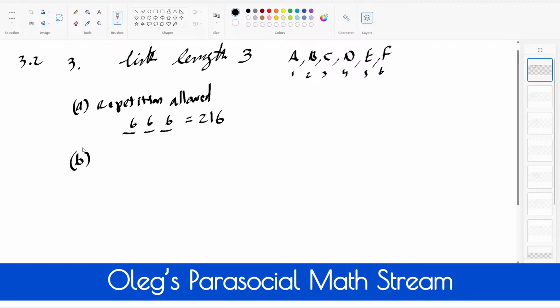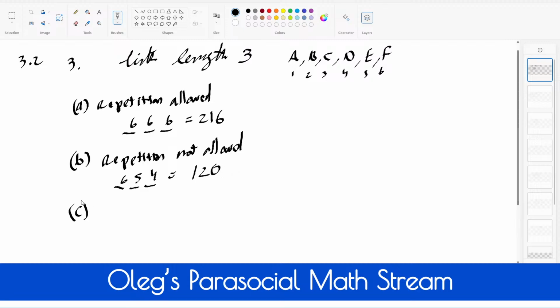So we just drop 1 per thing, per iteration or permutation. All right, so we're going to say 6, 5, 4. 120.